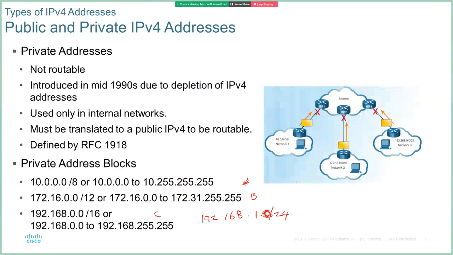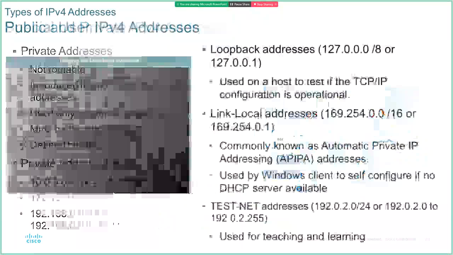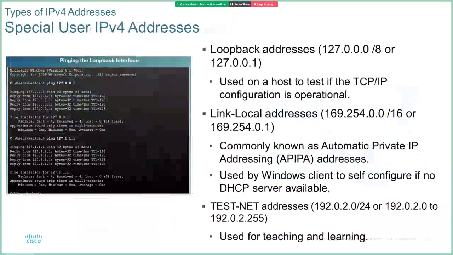Classes were disbanded because they were inefficient. Every block of network addresses had to be the same size. You couldn't have variations, so a lot of addresses were wasted within the classful system.